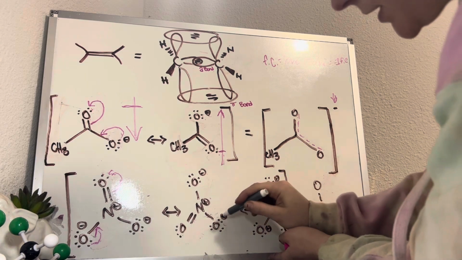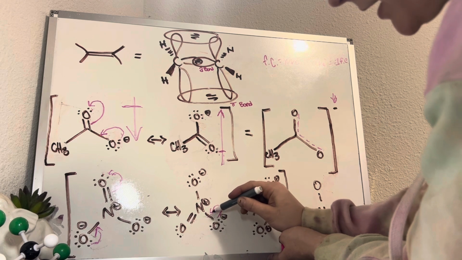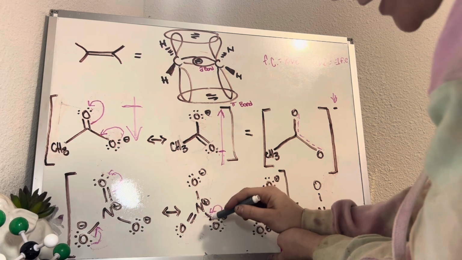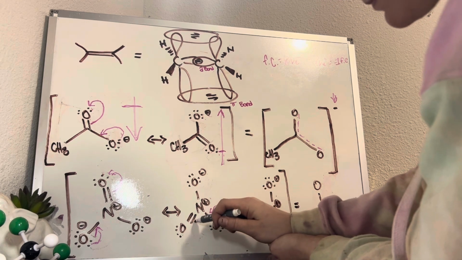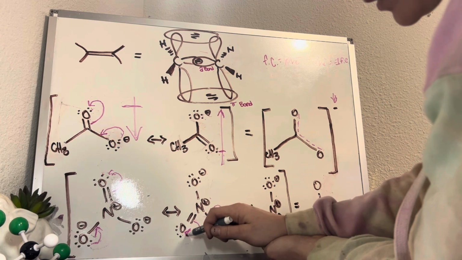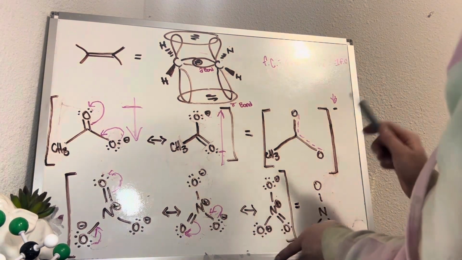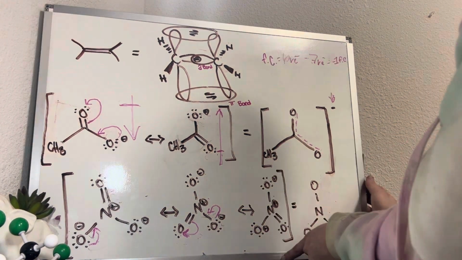And so I can see again here that I can delocalize some more. So I'm going to delocalize again this lone pair into a pi bond. And from this pi bond, I'm going to move it back to its lone pair, which results in a different structure, which is this third structure here.